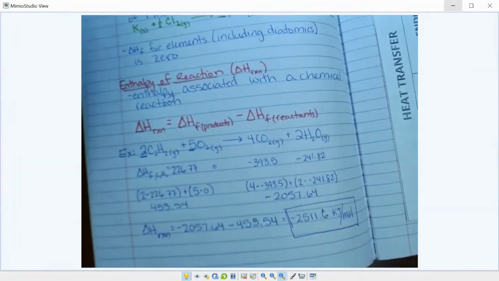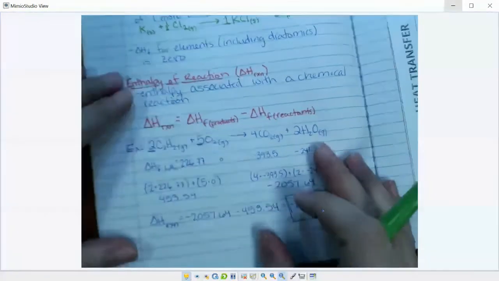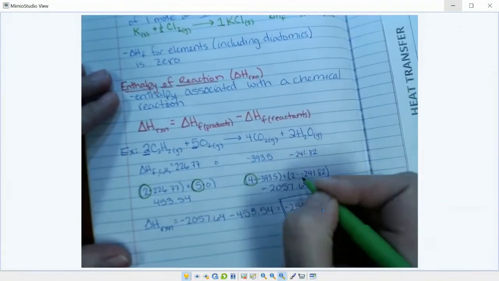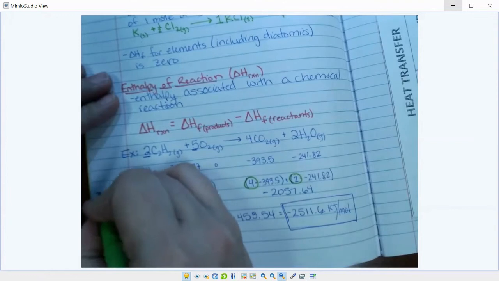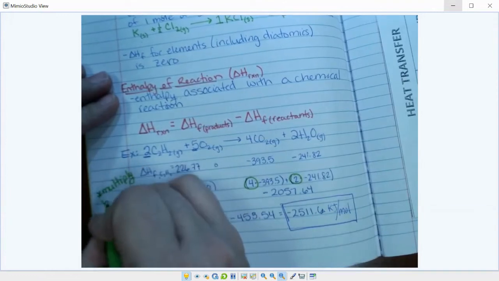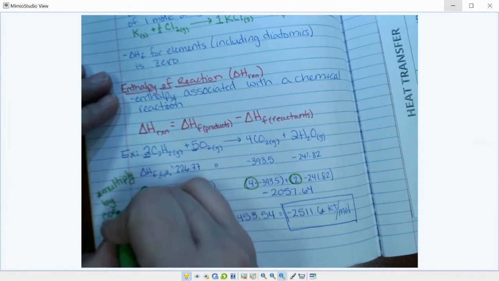And so I talked about it, but maybe in your notes, put a note that we have to multiply by the coefficients when you're figuring this out.